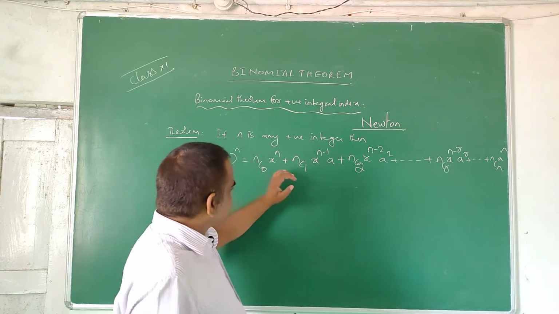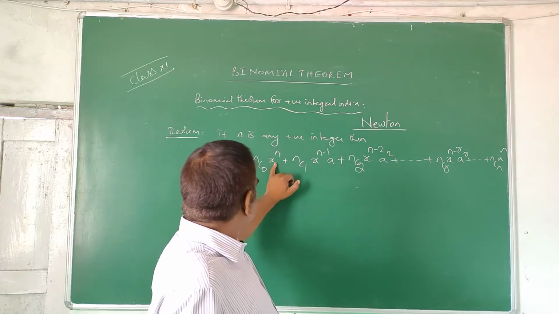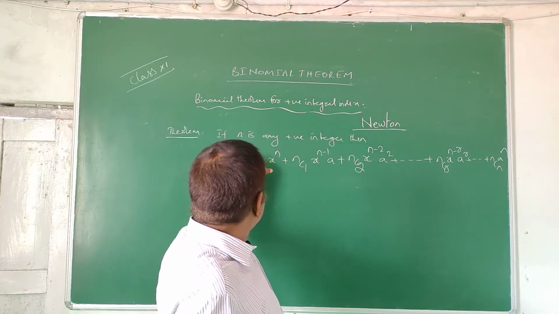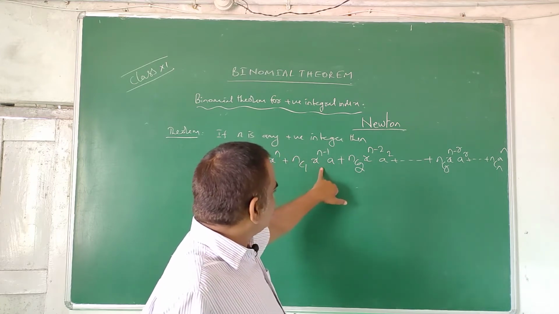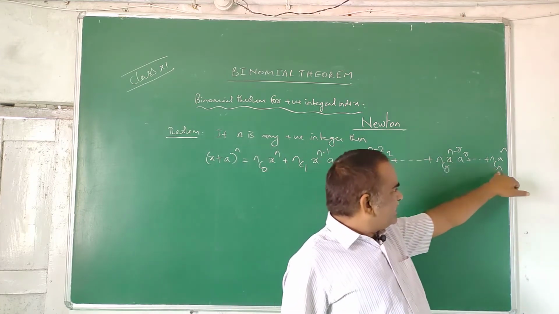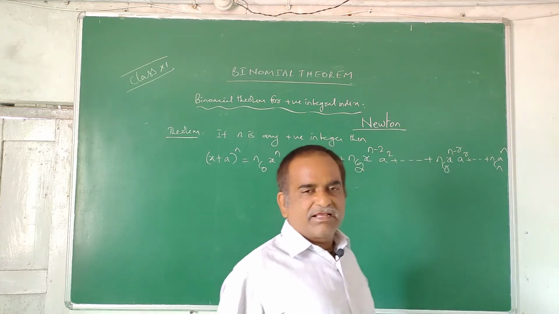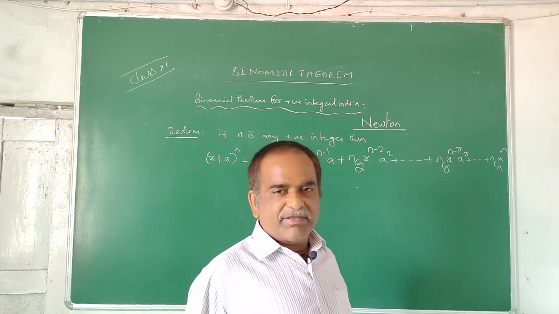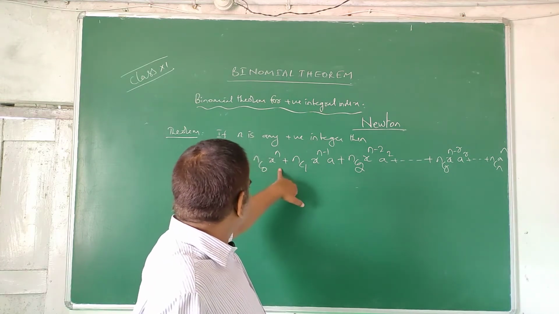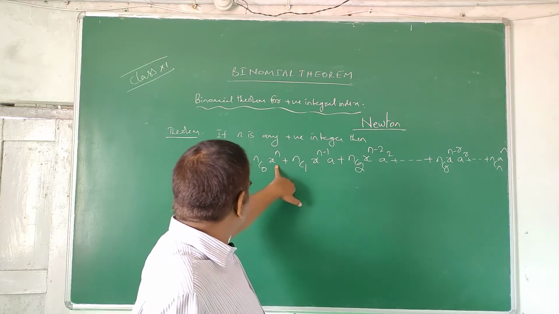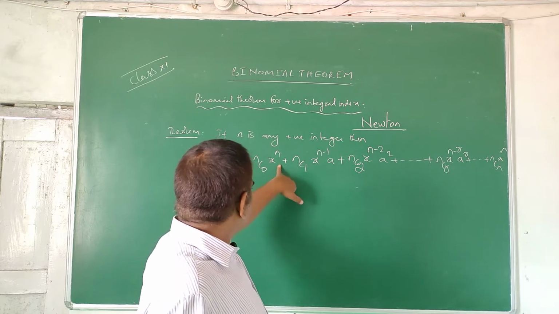Then if you observe, the x power starts with the index of the binomial and gradually decreases by 1, and at the end it disappears, so x power becomes 0. Now if you observe the a power, it starts with 0 here, there is no a, so a power 0.